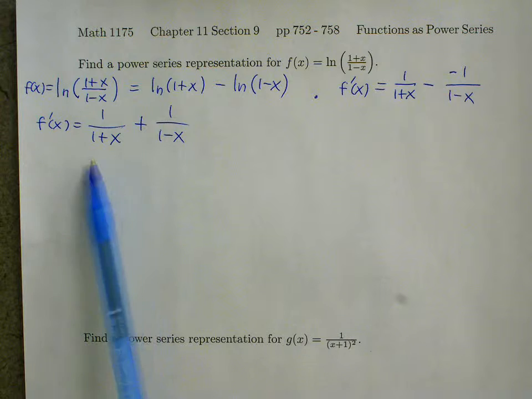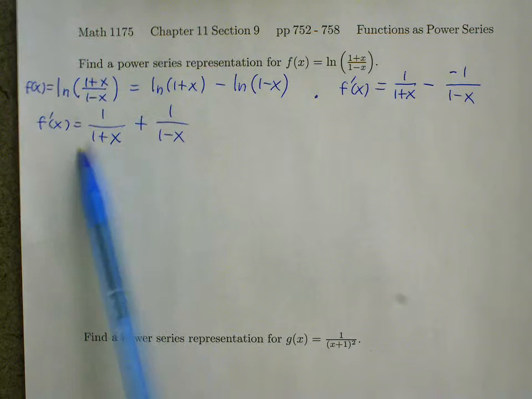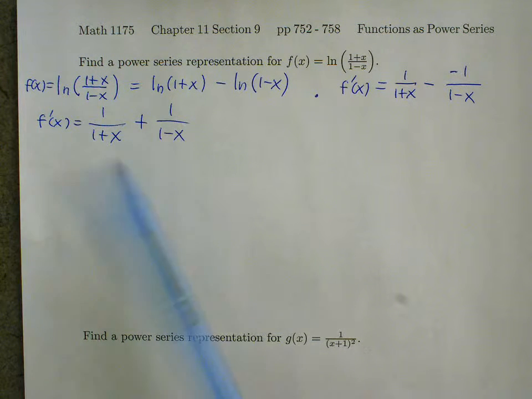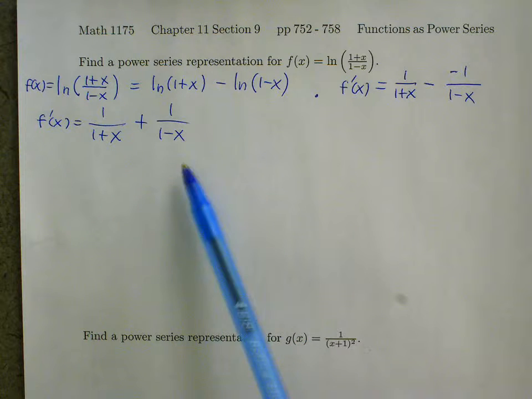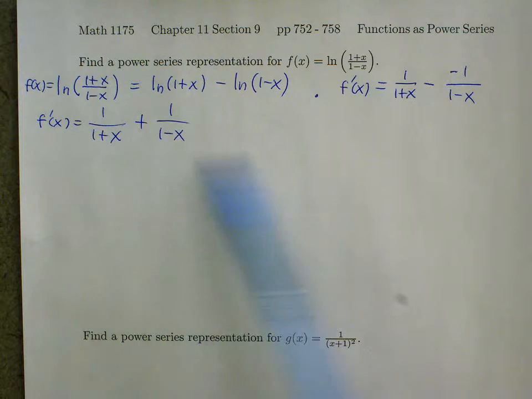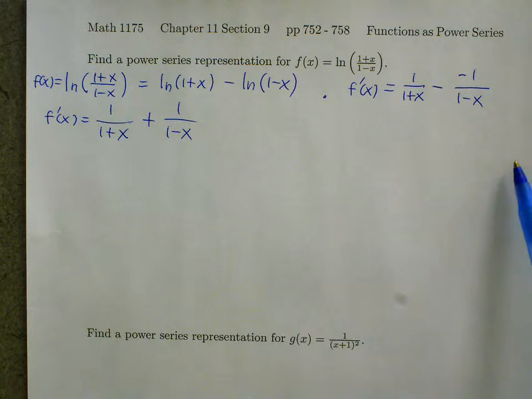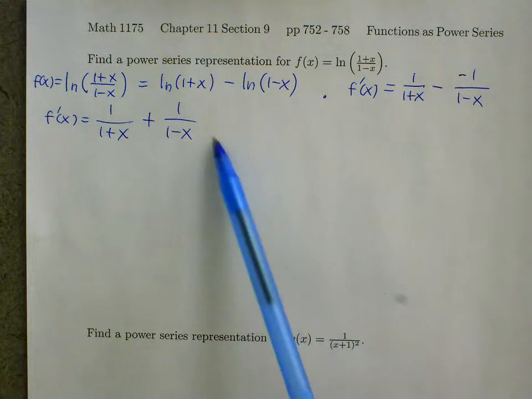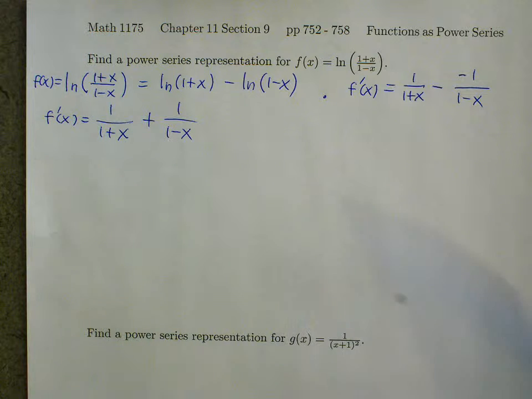So we know the power series for each of those, 1 over 1 plus x and 1 over 1 minus x. So we're going to add the two power series together. And then what? After we add the two power series for the derivative, what should we do?